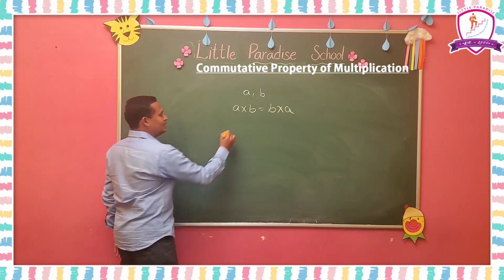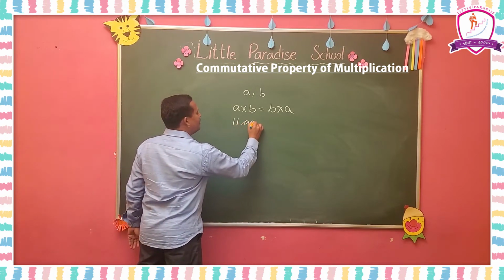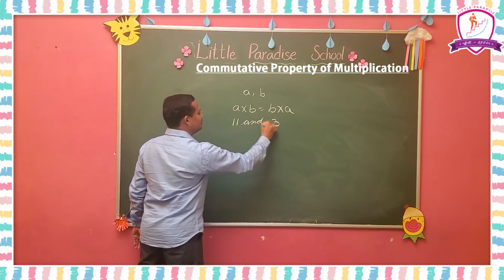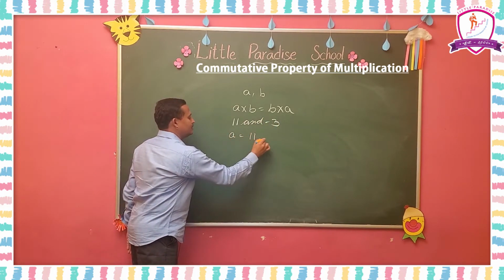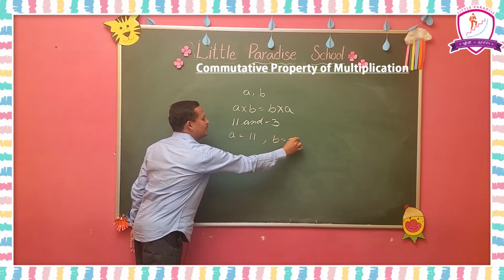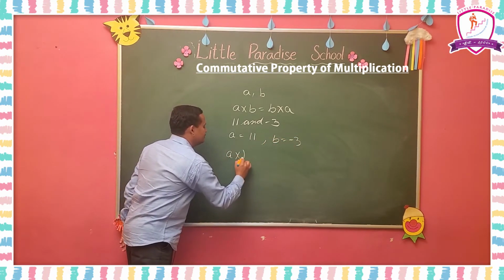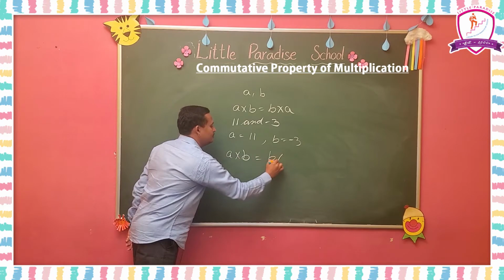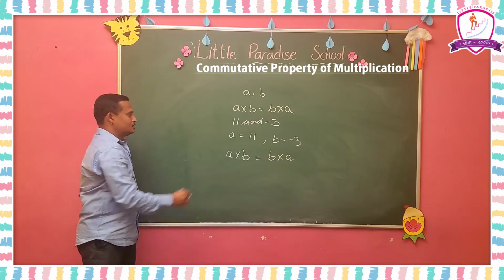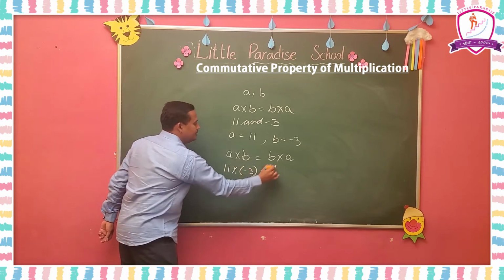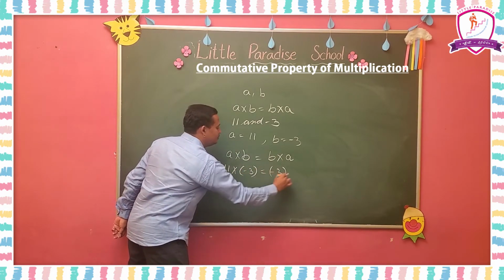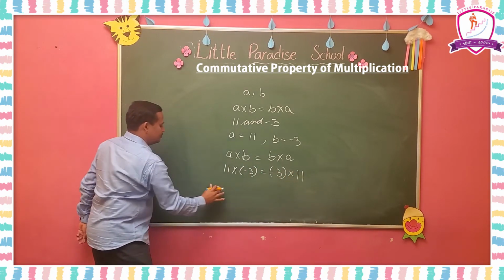Here I am going to take 11 and minus 3 as two integers. Here a is equal to 11, b is equal to minus 3. Here a into b is equal to b into a, we have to prove like this. So a into b means 11 into minus 3, and b into a means minus 3 into 11.